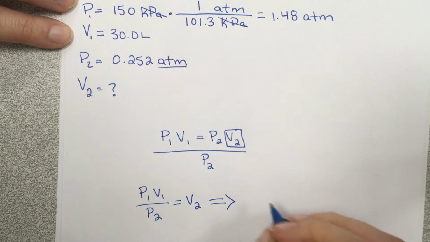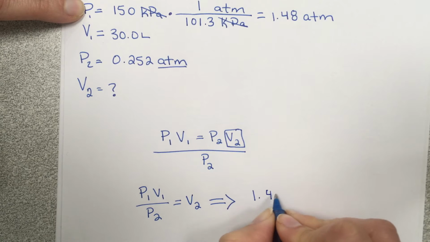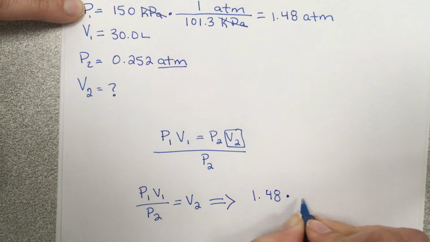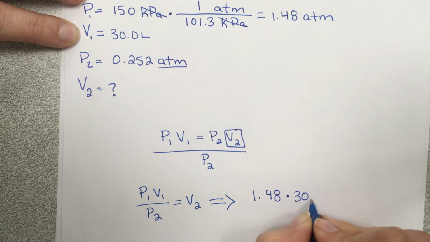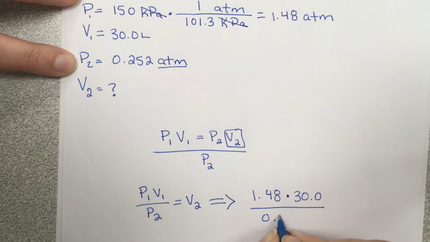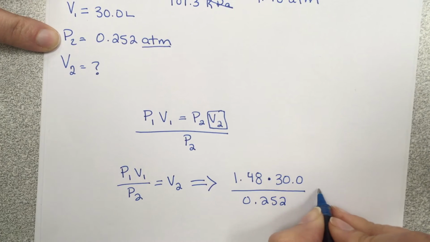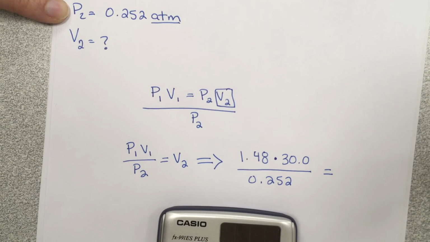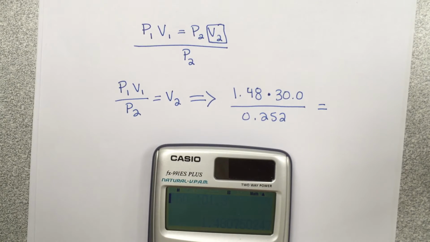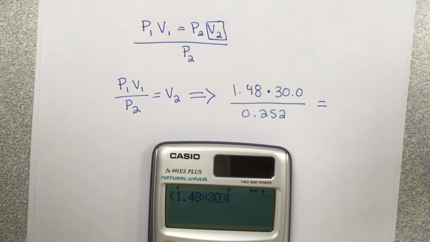So we're just going to plug in numbers now. Pressure 1 is 1.48 times 30.0 divided by 0.252. So we're going to put that in the calculator: 1.48 times 30 divided by 0.252.